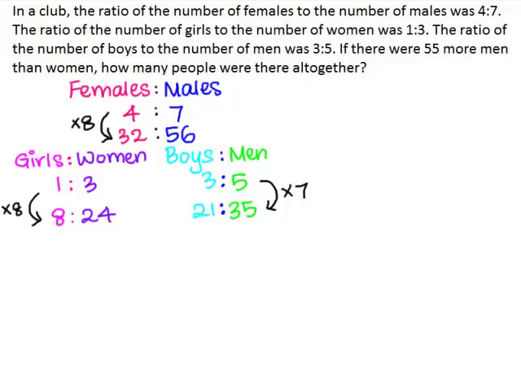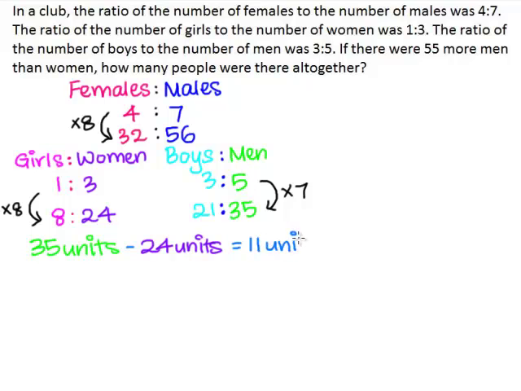From the question, we know that there were 55 more men than women. What we will do is take 35 units representing the men minus 24 units representing the women. 35 minus 24 gives us 11.